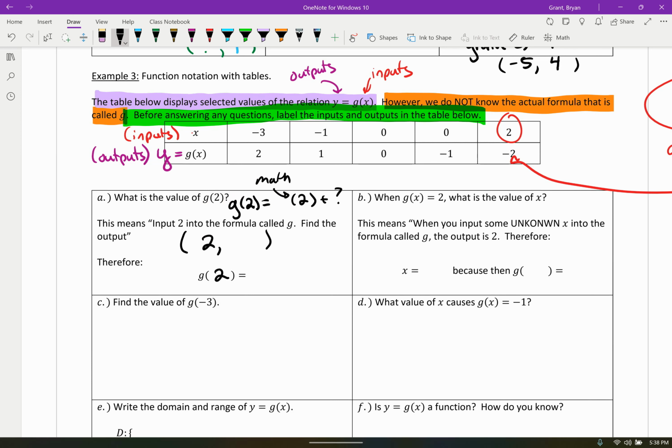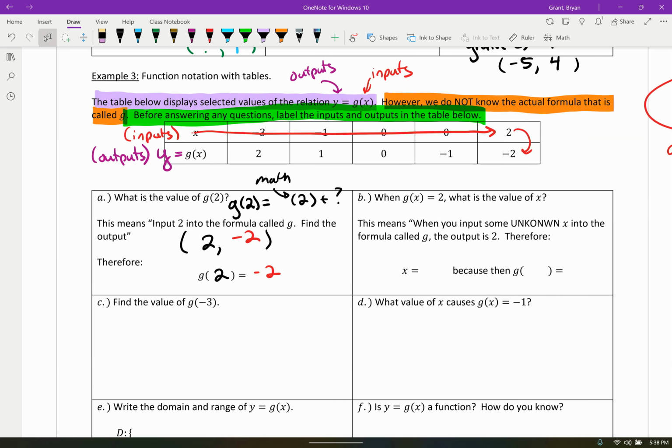So to find g of 2, we need to go to the input row. G of 2 means we input 2. Where is 2? Oh, it's over here at the very end, of course. We input 2 into our formula. And what is the output? Another way to think of this is we are doing g of the x value, and g of 2 will give us negative 2. So when you input 2 into our formula, the output is negative 2.